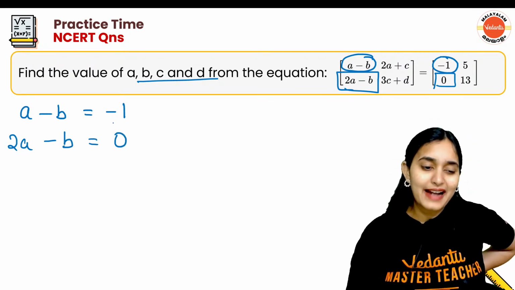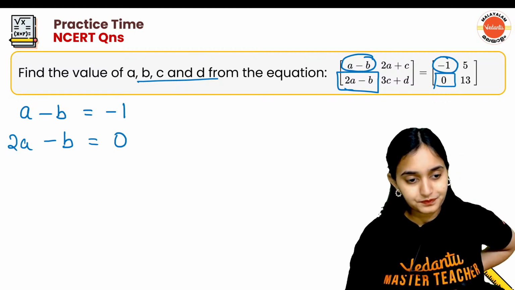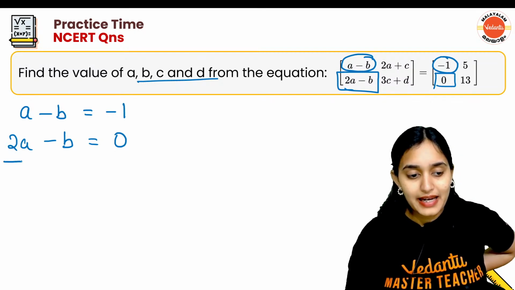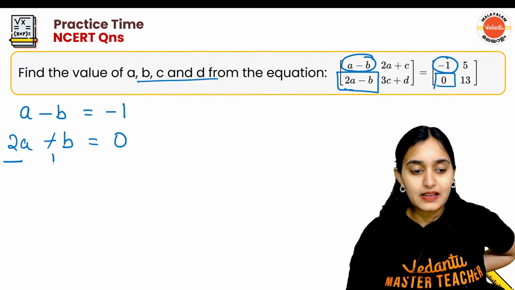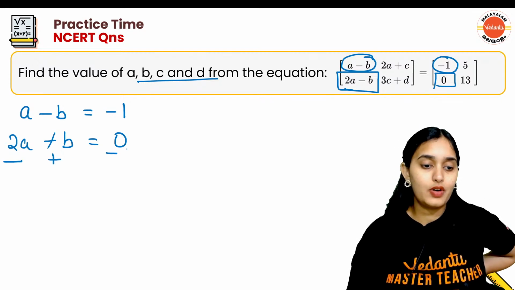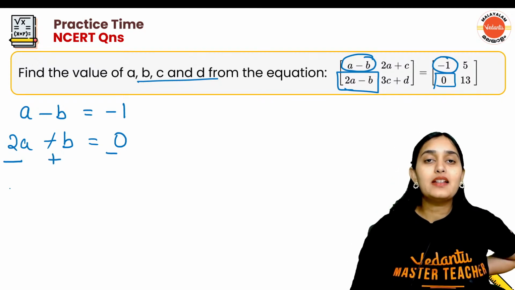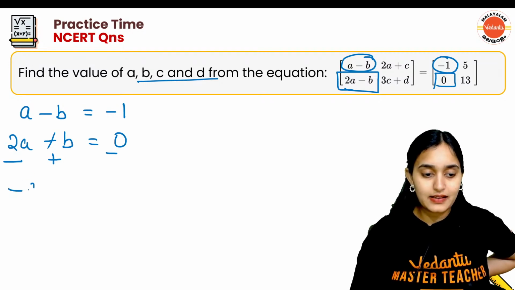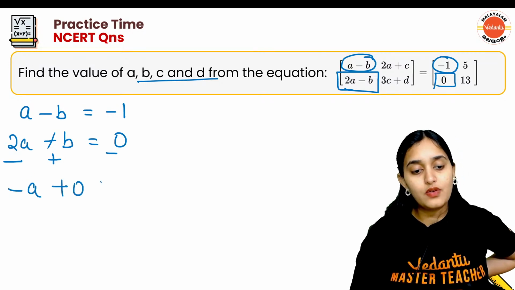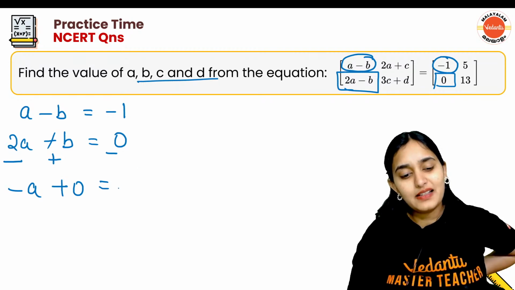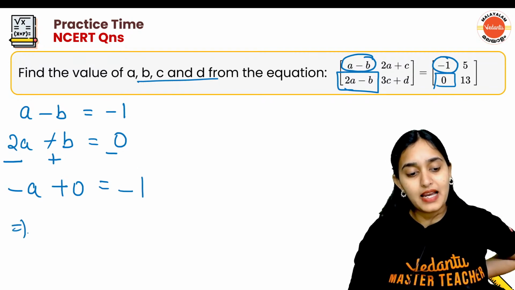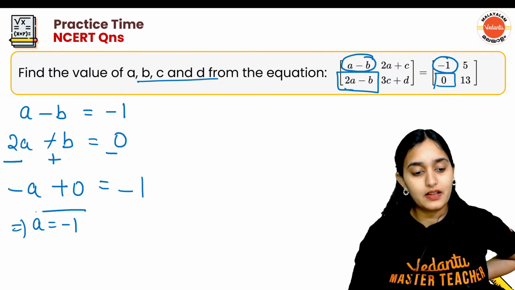Now subtract the two equations. So minus of minus is plus. What do you get? A minus 2A is minus A, plus 0 is minus 1 minus 0 is minus 1. This implies that A is equal to minus 1.